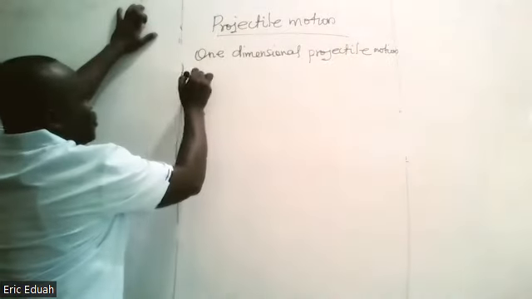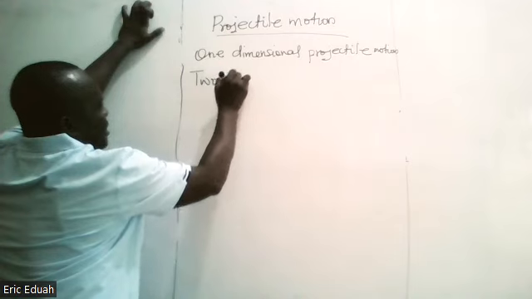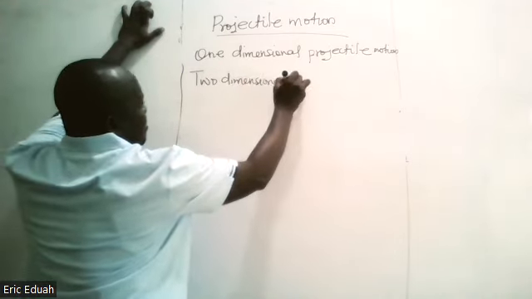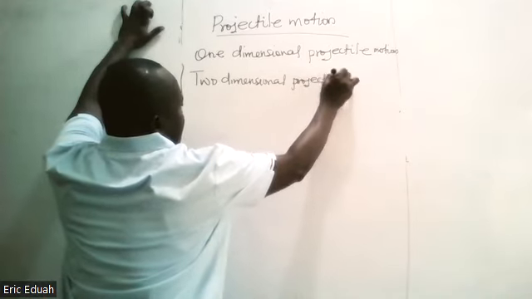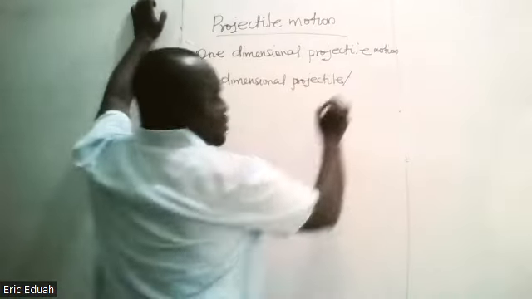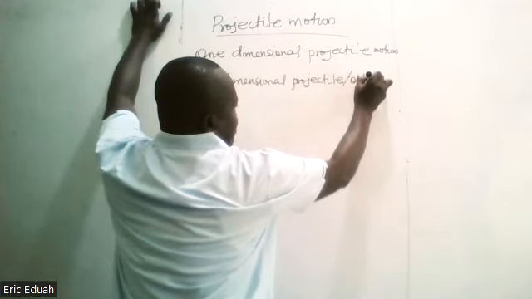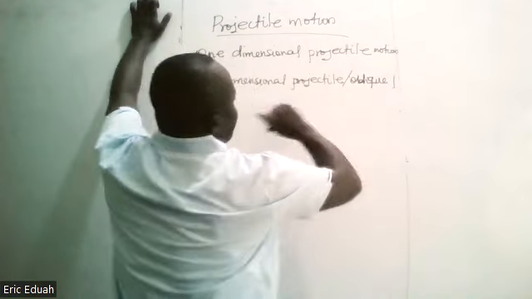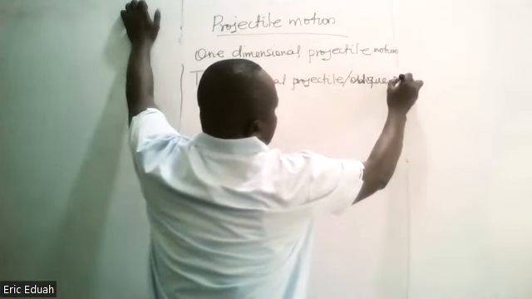Then we have two-dimensional, what we also call oblique projection.